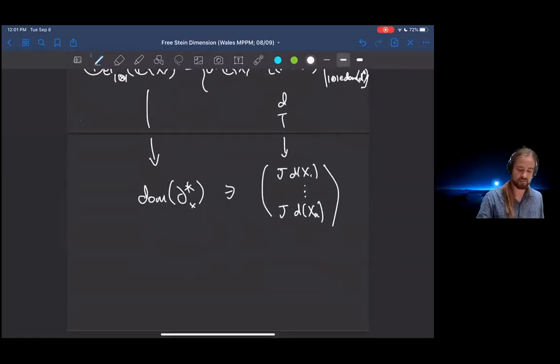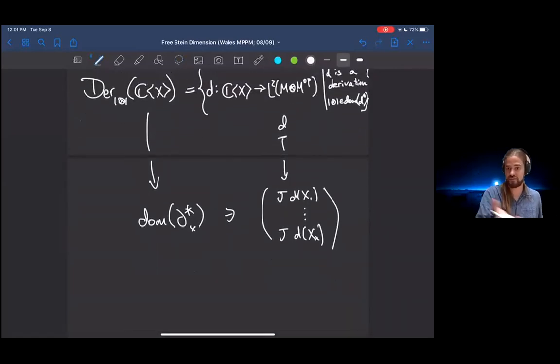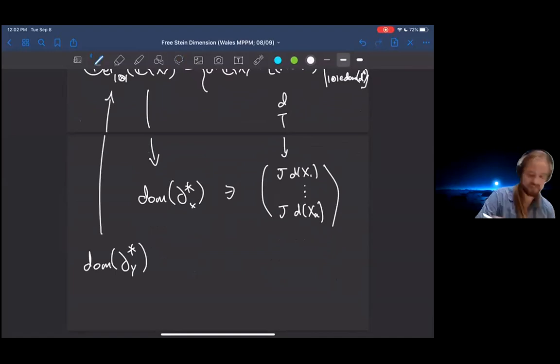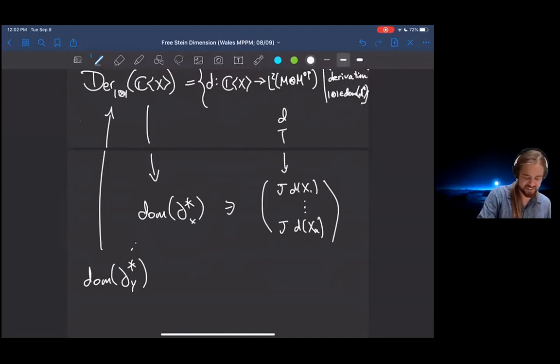notion of dimension. But the fact that this intertwines the actions of polynomials means that with a bit of work, if you had a different generating tuple, delta y, then you could pass up to this space of nice derivations and back down to Der tensor x. That gives you a bijection which intertwines polynomial module actions.